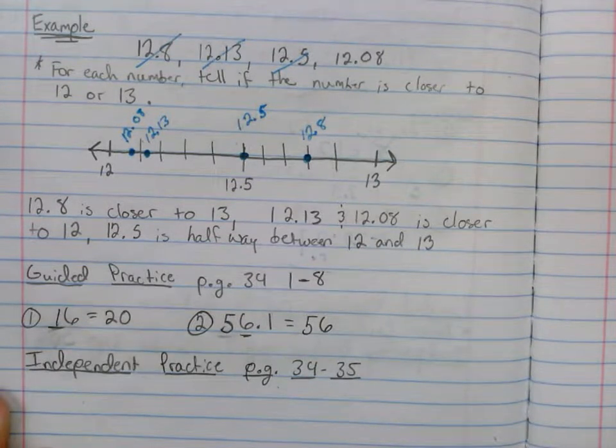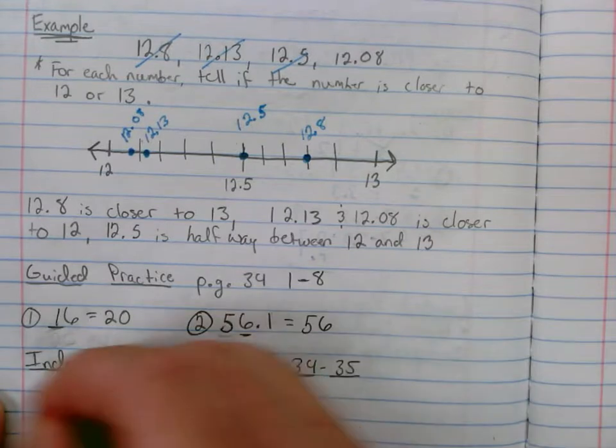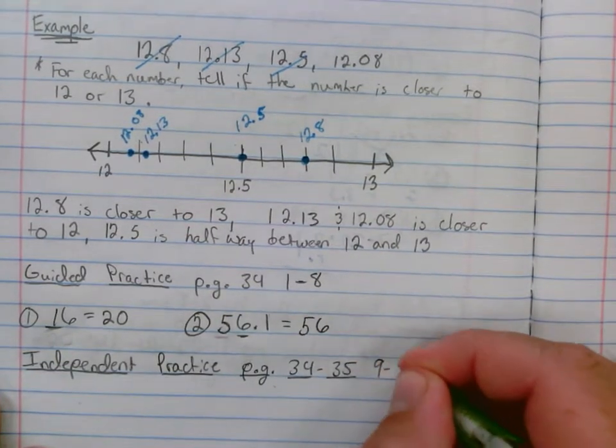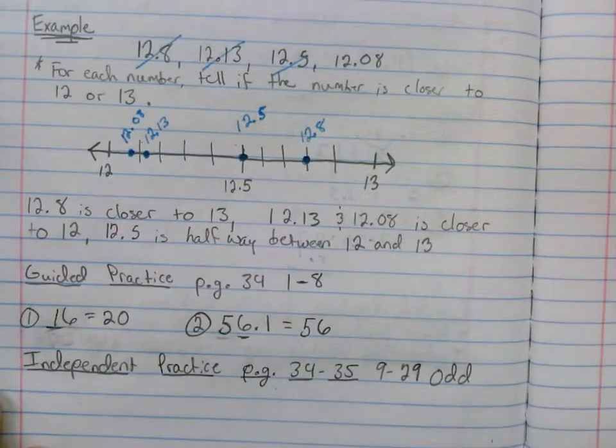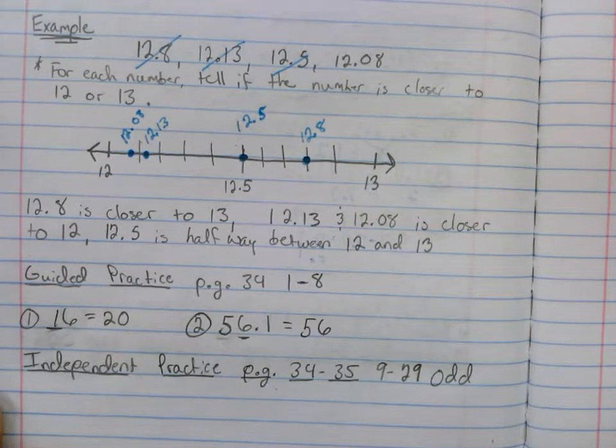And I need you guys to go ahead and do number 9 through 29, and we're going to do odd. Make sure you guys read the directions, because the directions change from 9 to 16 and then 17 to 24.